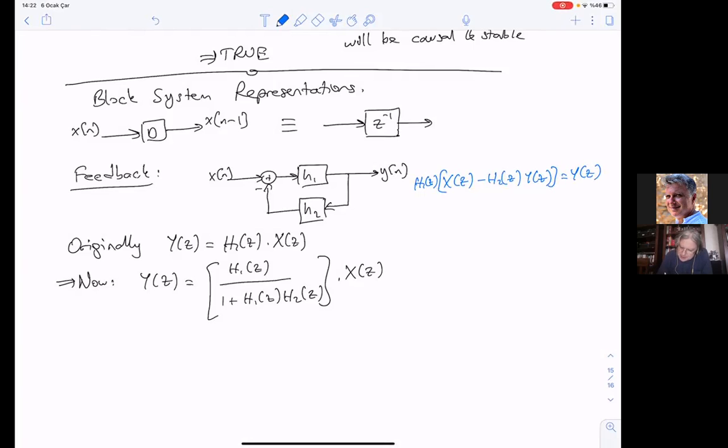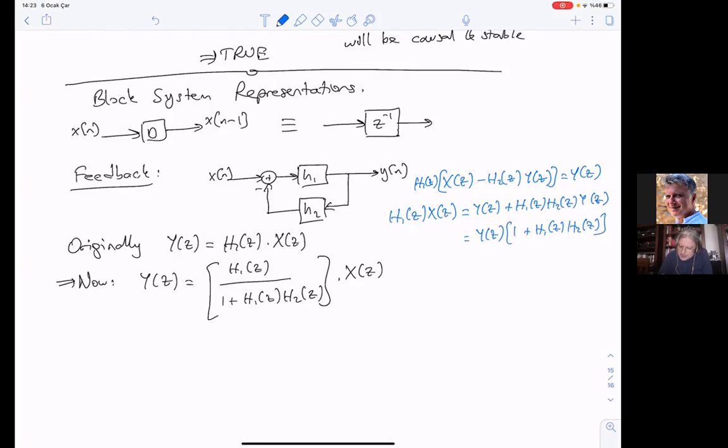And that makes h1 of z, x of z. Let me keep it on the left-hand side of the equation, and let me put all the other y coefficients on the right-hand side of the equation, is equal to y of z plus h1 of z, h2 of z, y of z. Okay, and then putting into a parenthesis of y of z, the right-hand side becomes 1 plus h1 of z, h2 of z.